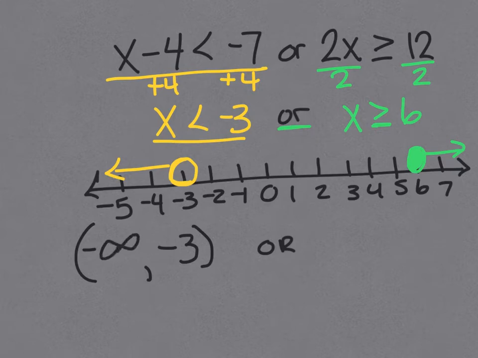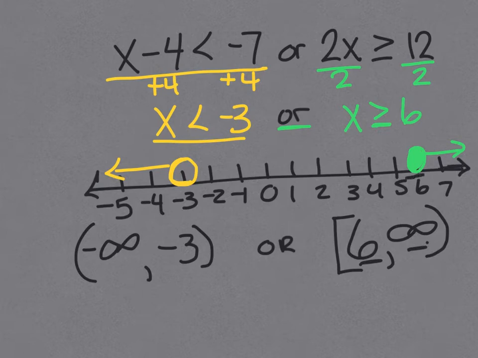All right, on this side, x is greater than or equal to, so that means a bracket on the number 6, and then it goes to infinity, and we use parentheses. If you notice how the interval notation copies the number line, you've got 6, infinity, and negative 3, negative infinity.